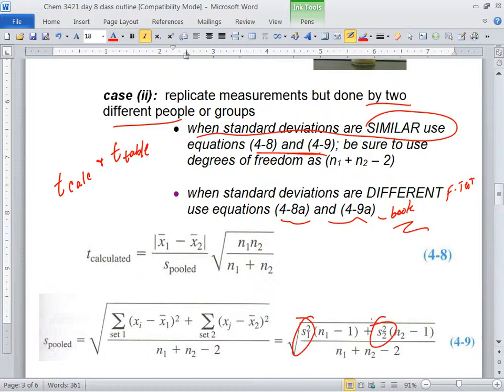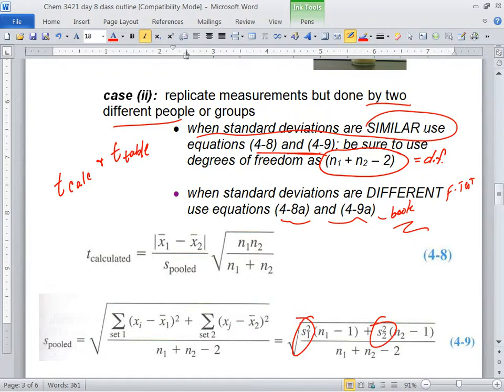So your degrees of freedom, here I wrote it right here. Your number of measurements, so N1 plus N2, and then minus 2 because you lost 2 degrees of freedom, one from each standard deviation. I think that's going to be the only time you're subtracting 2. Otherwise, it's always n minus 1.